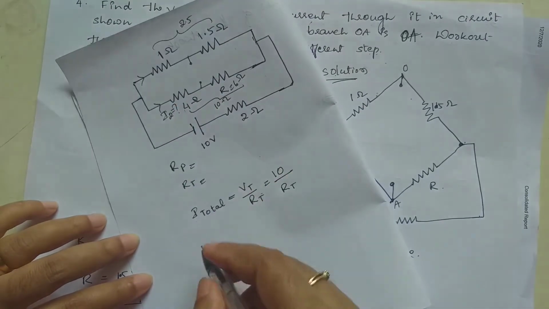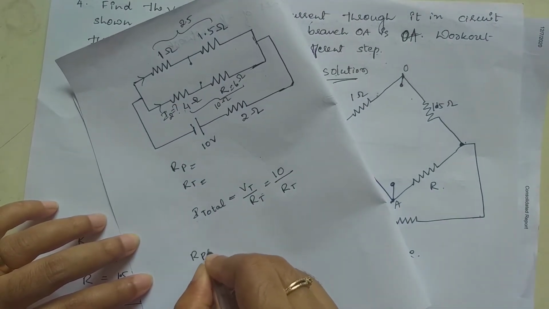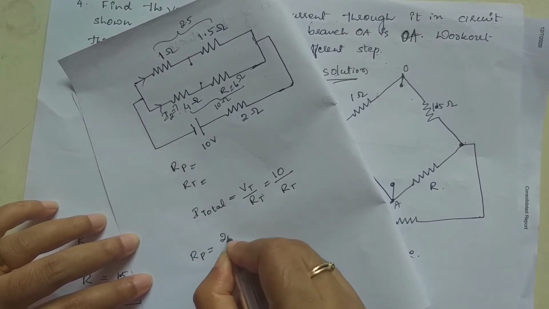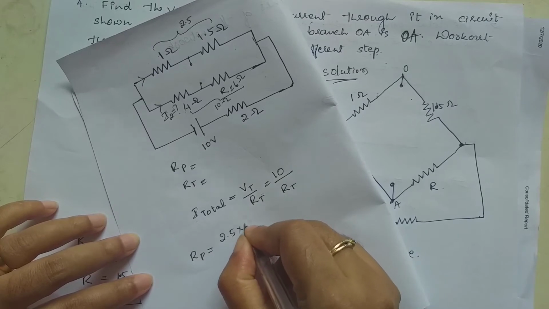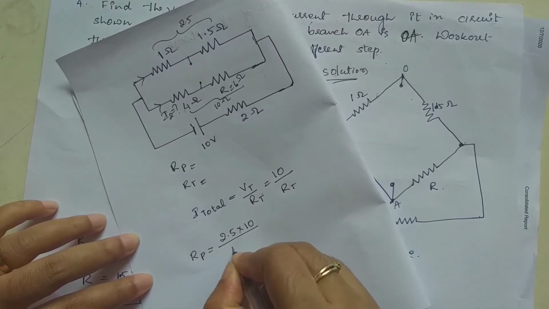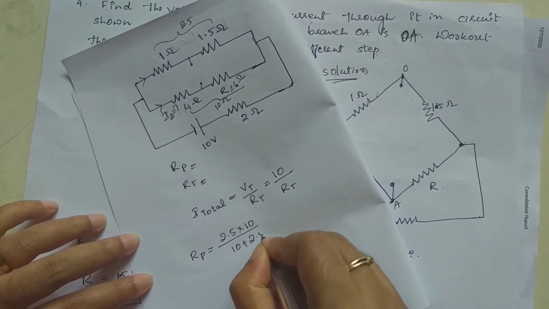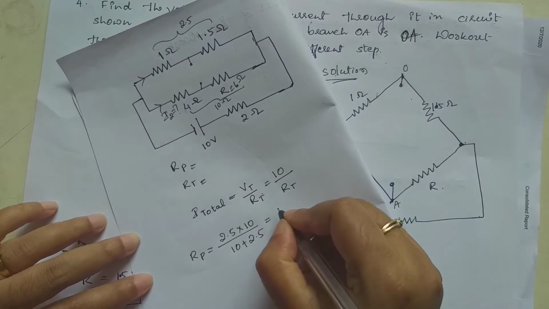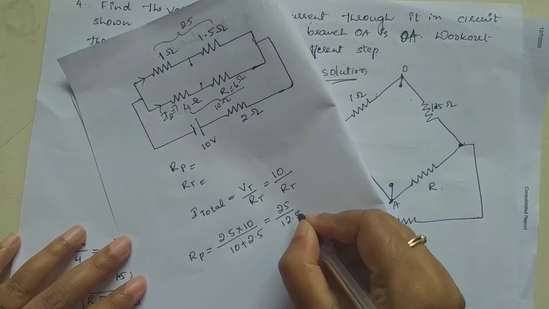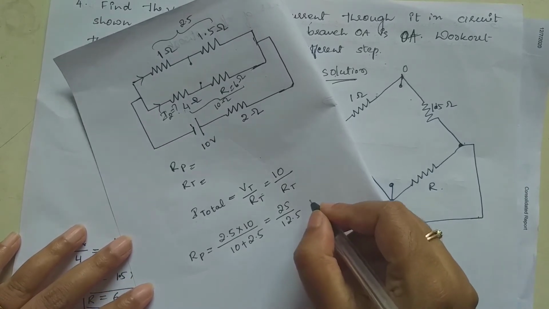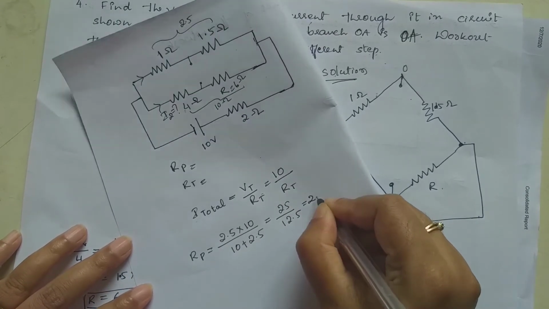This parallel circuit is RP. The formula is 2.5 into 10 divided by 10 plus 2.5, which is equal to 25 divided by 12.5. The answer is 2 ohm.